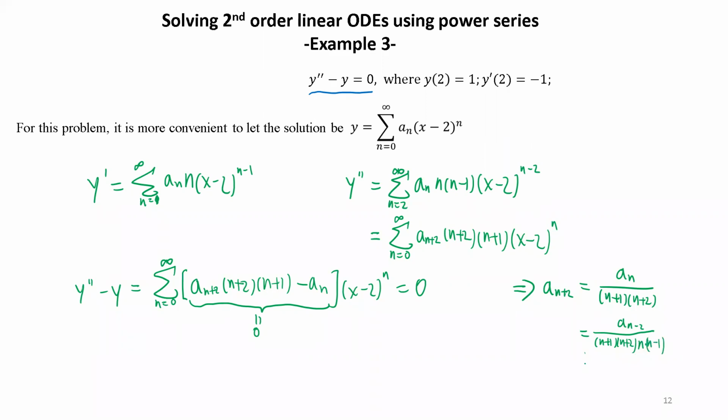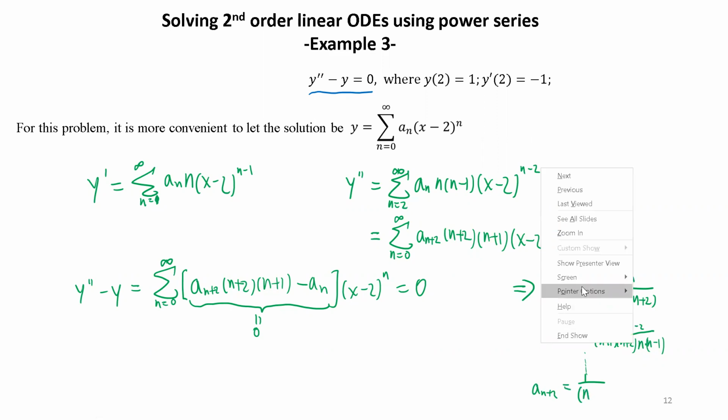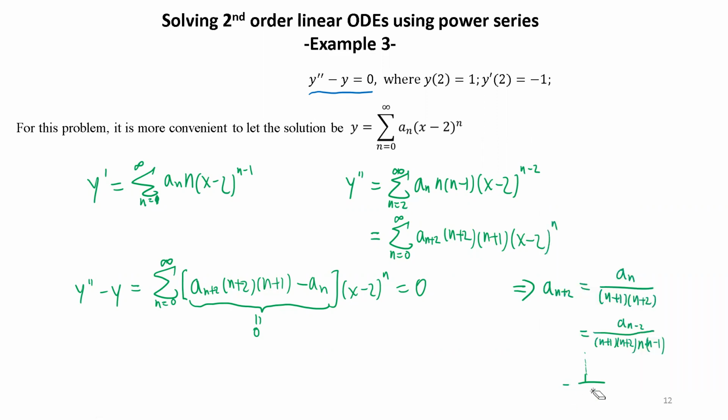And then you can keep doing it, and eventually you see that a_(n+2) is actually 1 divided by... or let me just do a_n instead of a_(n+2).